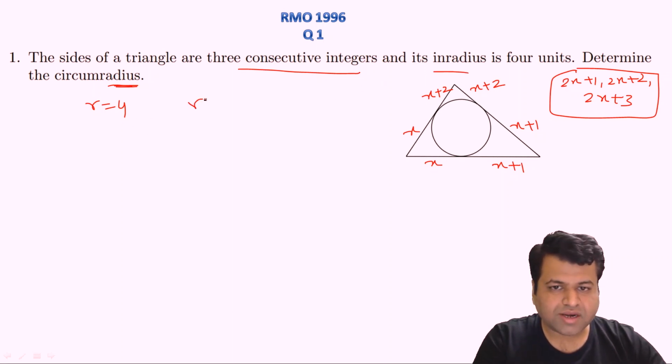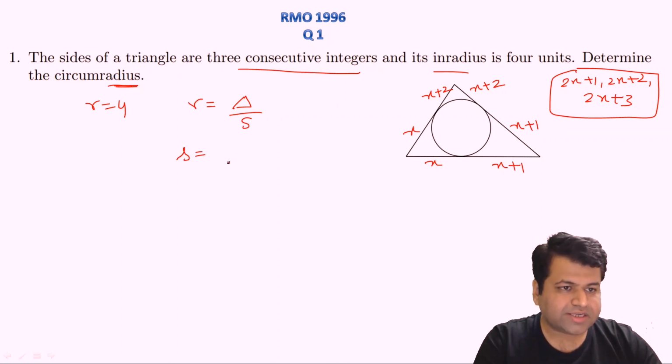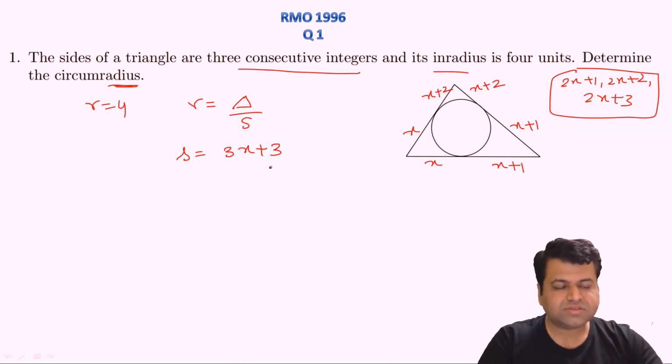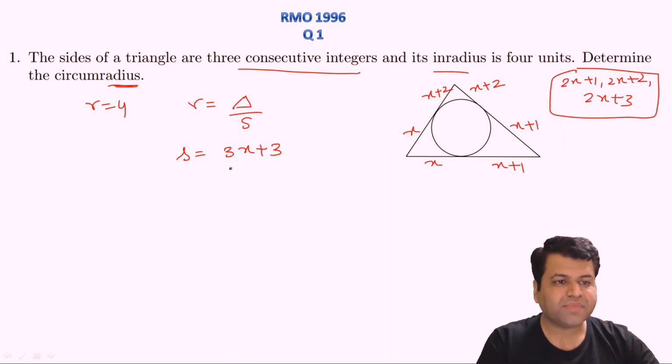We know that the inradius small r is nothing but delta upon s, where delta is the area of the triangle and s is the semi-perimeter, right? So in this particular question, the semi-perimeter will be 3x plus 3, right?